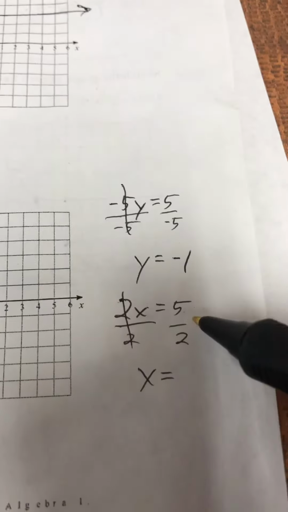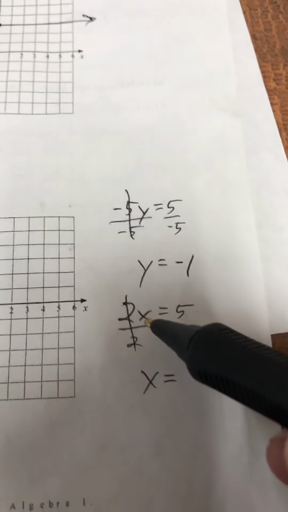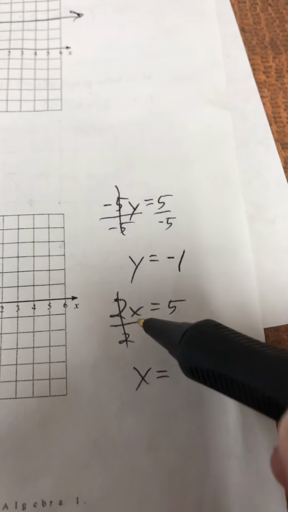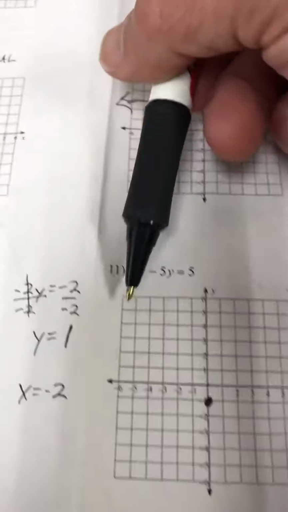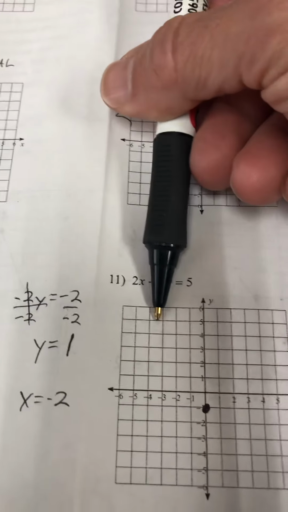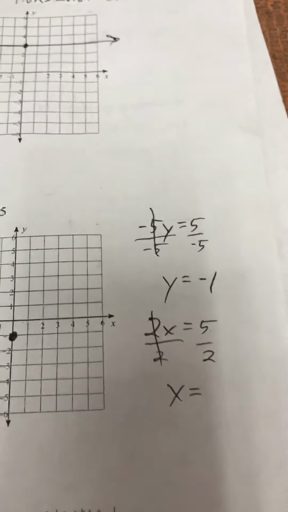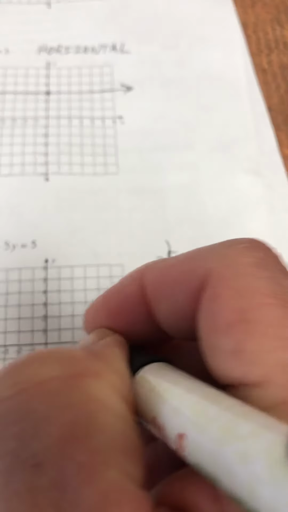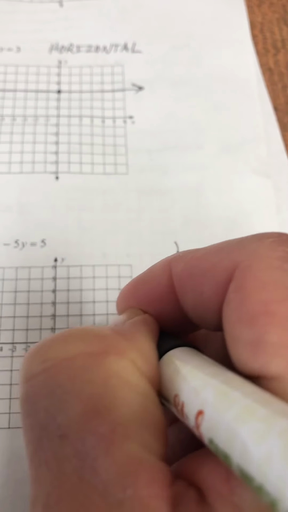And then for this one, back to this. When y is 0, I'm left with 2x equals 5. I divide both sides by 2. 5 divided by 2 is 2.5. So I go to where x is 2.5, and I create that line.